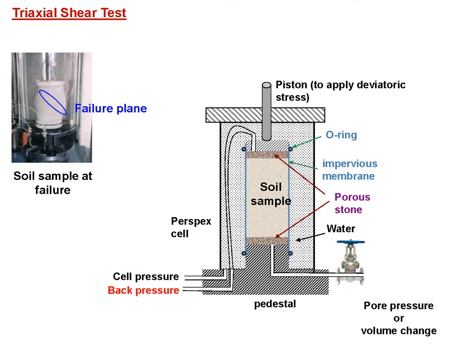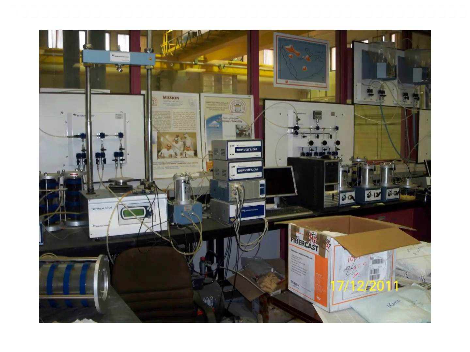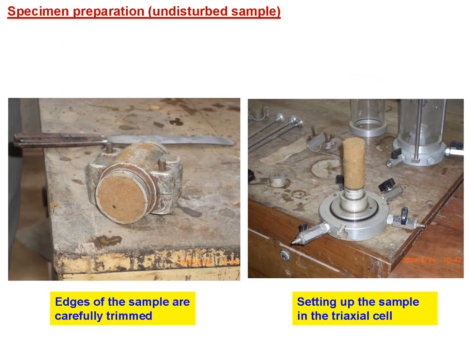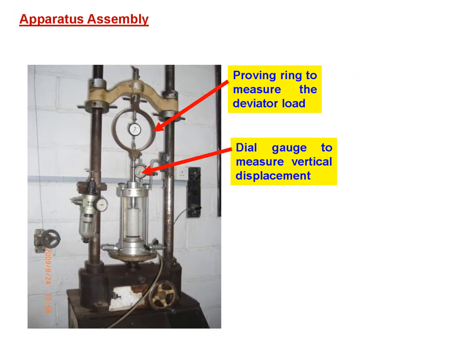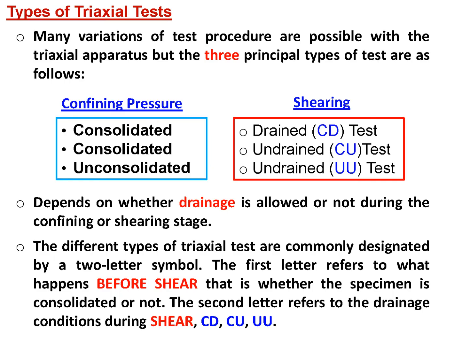In the following slides, you would find the detail of the triaxial shear test and the laboratory setup. You can go through it and then look at the types of triaxial test.